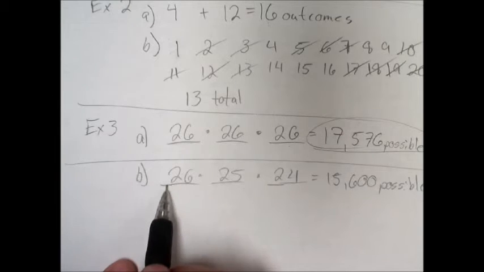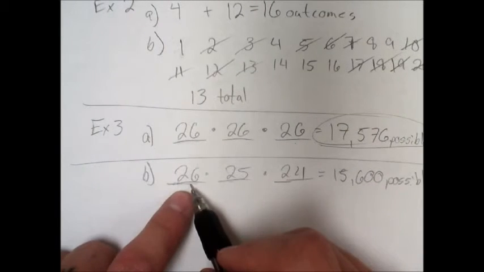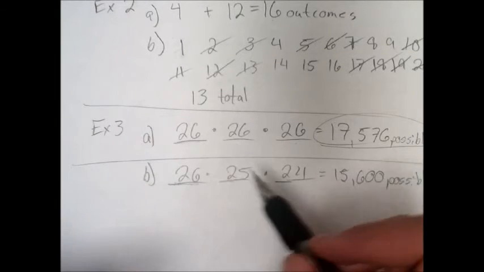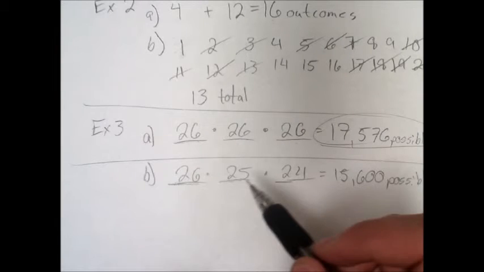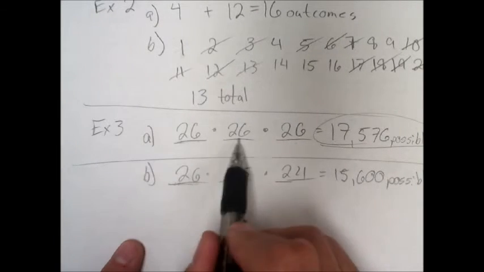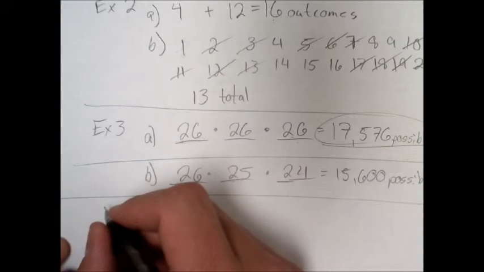So here I have 26 letters to choose from, but here I have 25. The probability of me guessing this one on my first time is 1 in 26. My probability of guessing this one is 1 in 25. So the probability goes down. If it's independent, it doesn't affect it. If it's dependent, it does affect it. They'll ask you to identify that later, so that's why I'm giving you those definitions.